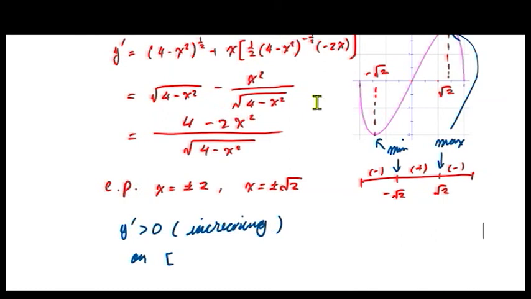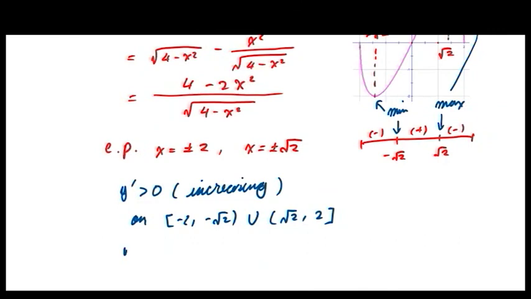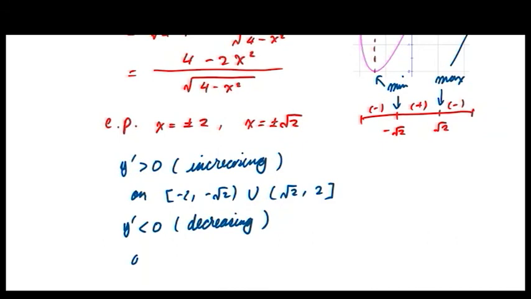I'll take it either way, from -2 to -√2, union that with, this is parenthesis, √2 and 2. And then you can say y prime is negative, decreasing, here, on from -√2 to +√2.